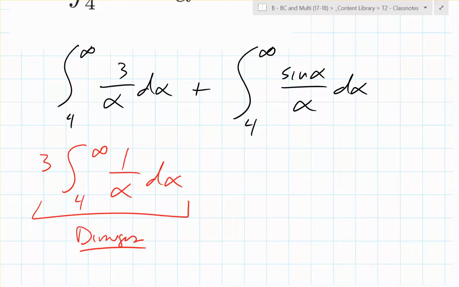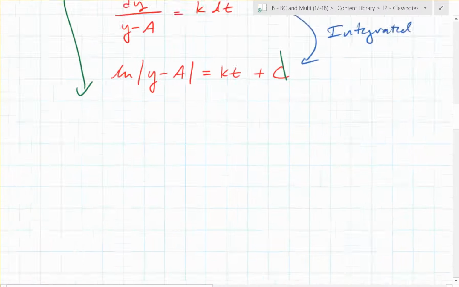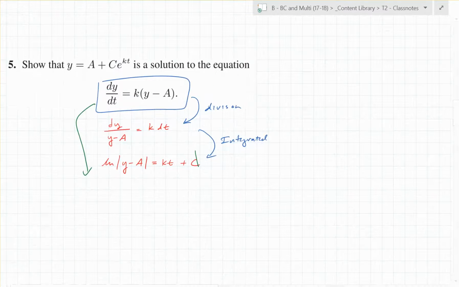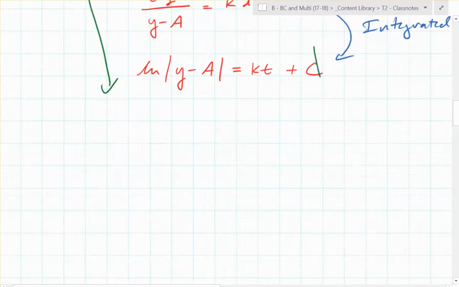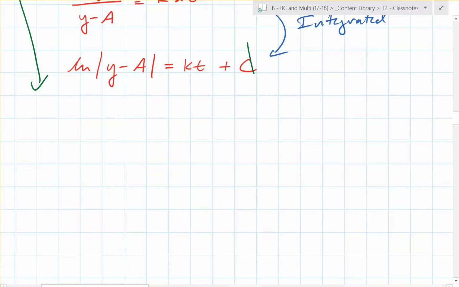What are we trying to solve for now? y. It tells you you're solving for y right there. So how do we go about solving for y? This is in log form. We turn it into e to the kt plus d equals y minus a.